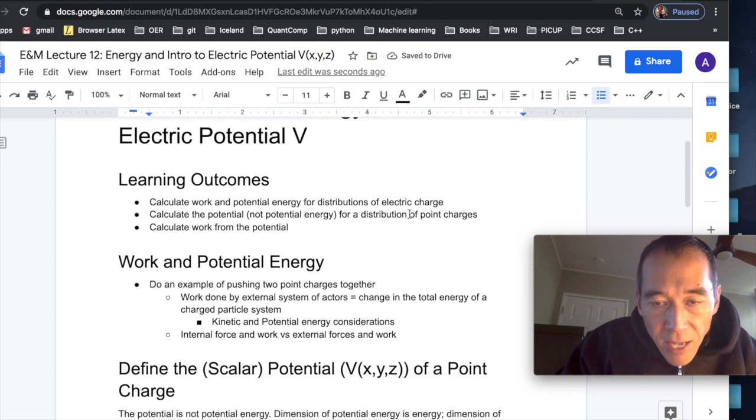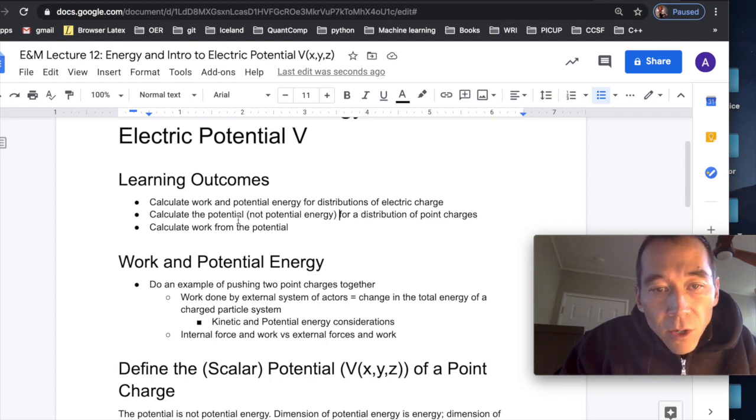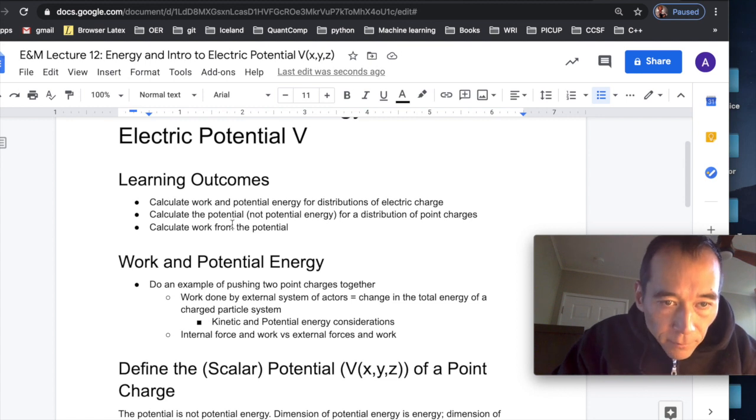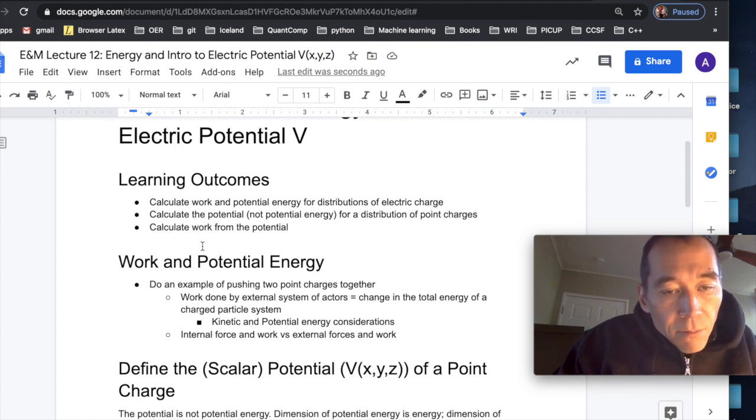Again, you're going to imagine some electric charges sprinkled around in space, and we're going to calculate this thing called V for it, the electric potential. And then we're going to see that there's a relationship between work and potential. There's definitely a relationship between work and potential energy up here.